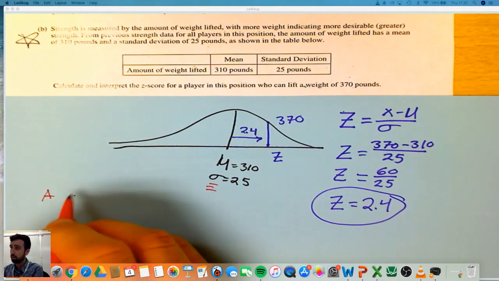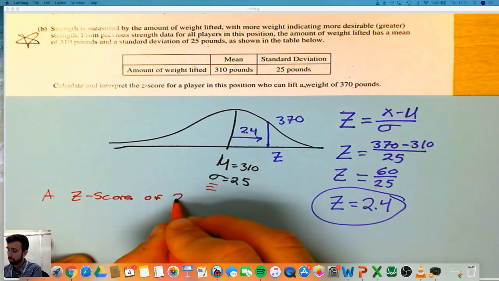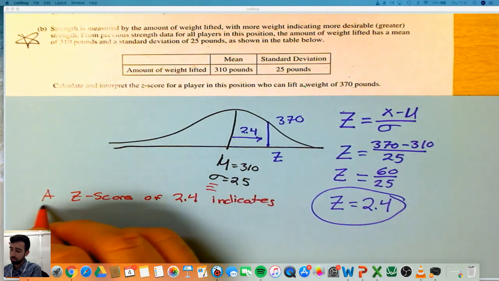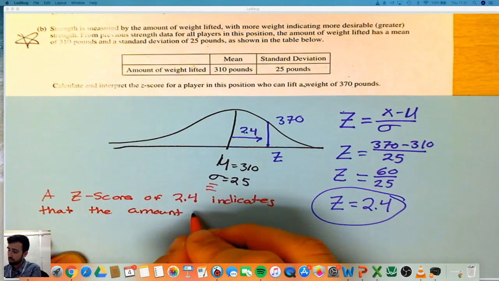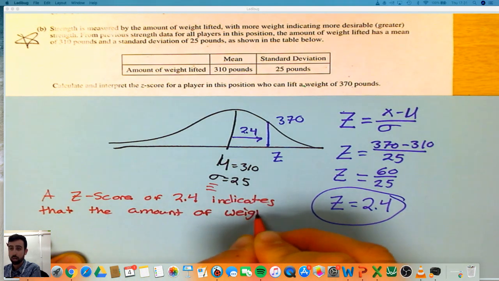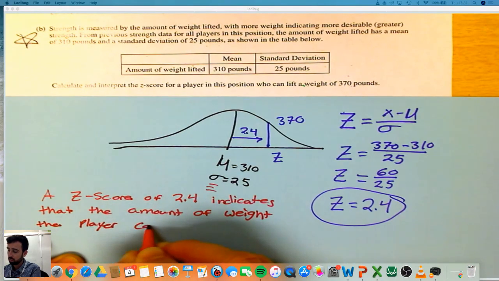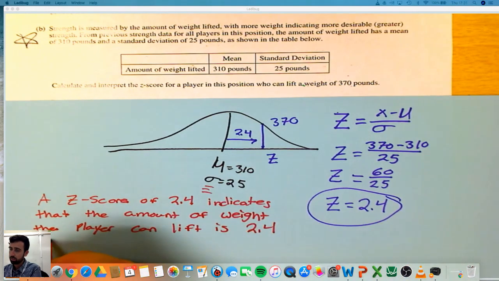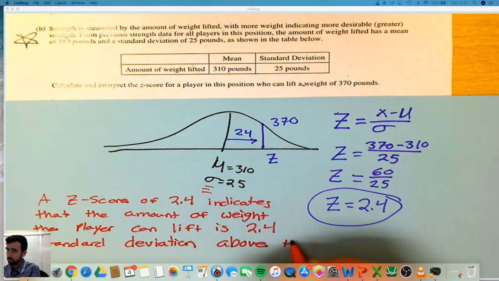z-score of 2.4 indicates that the amount of weight, we want to put context in there, the player can lift is 2.4 standard deviations above the mean.